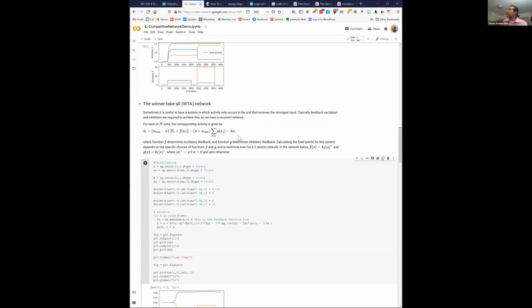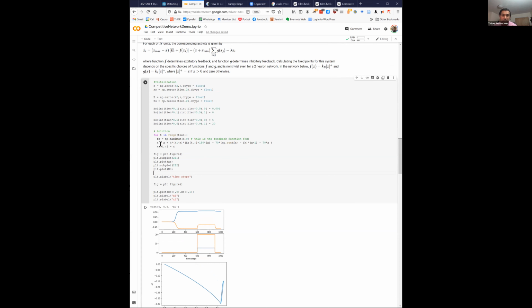It's basically a perfect winner-take-all system. If your initial conditions are such that both the x's are 0, then regardless of how small the input is, it will always pick a winner, meaning that one of them will be at its max level and the other will be low, negative, basically.